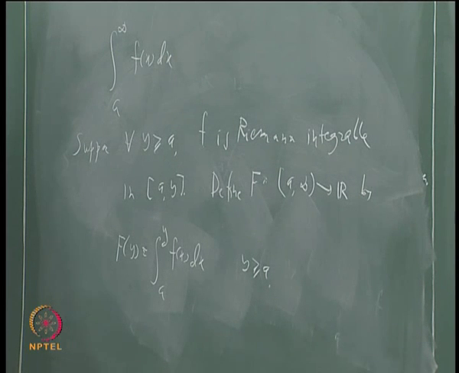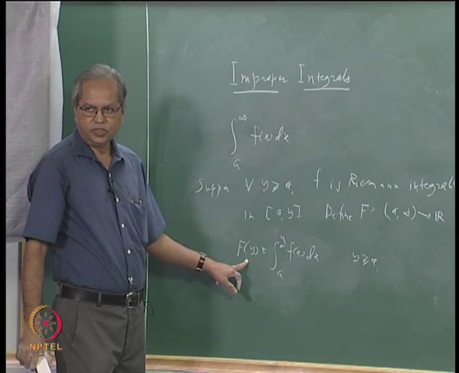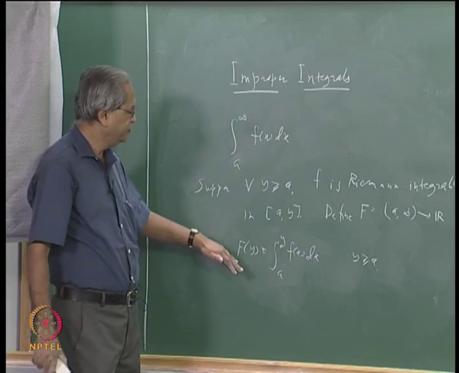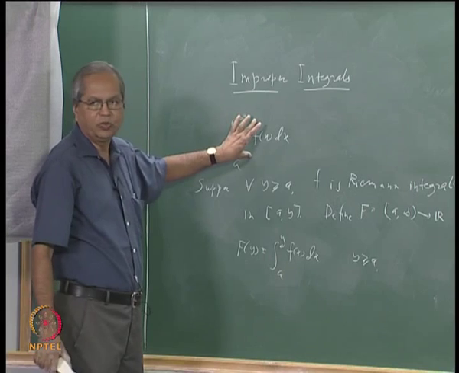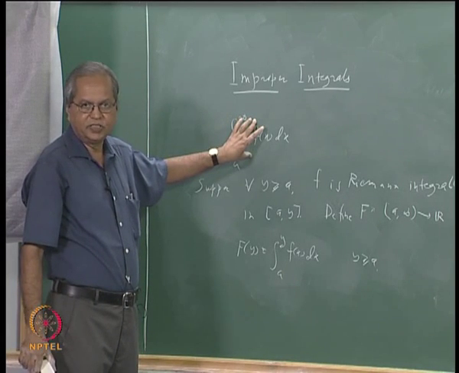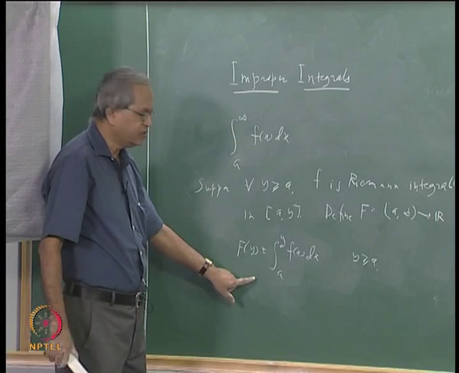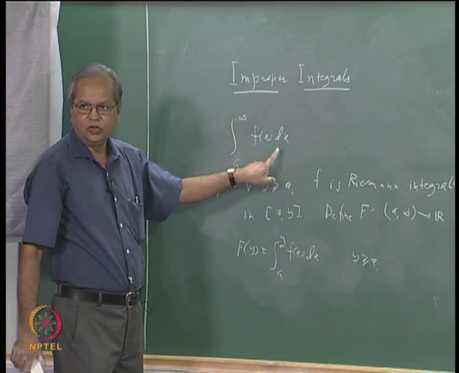And what do we do? We consider the limit of this as y goes to infinity. This is a function of y, and we consider the limit of this as y goes to infinity. If this limit exists, we say that this improper integral converges, and whatever is the value of this limit is taken as the value of this integral.